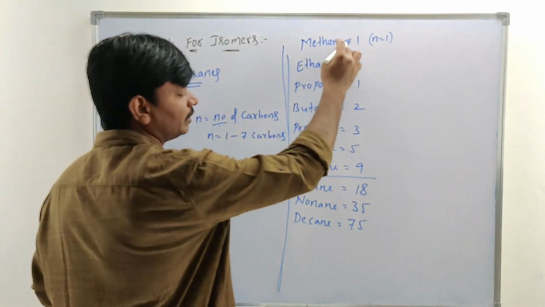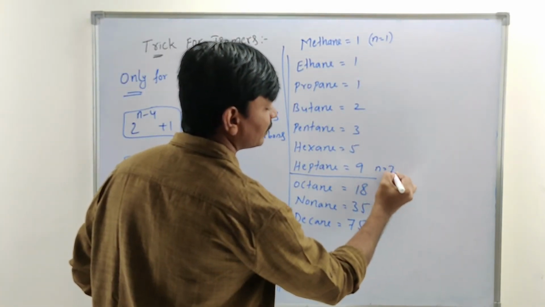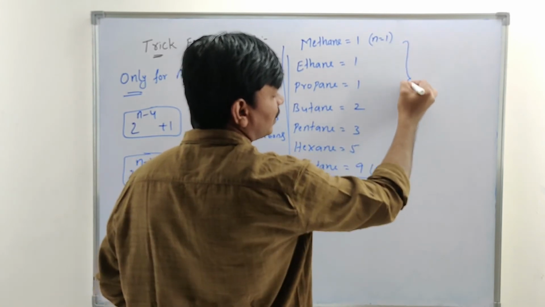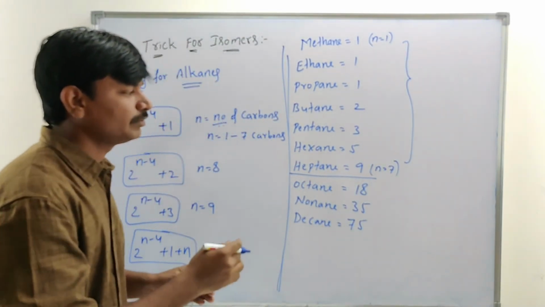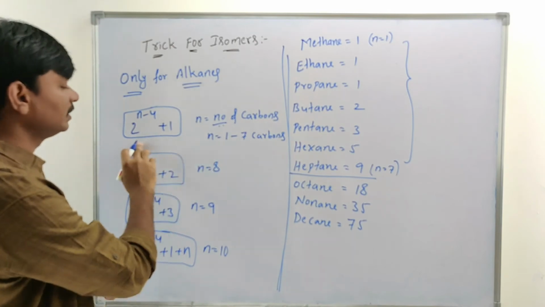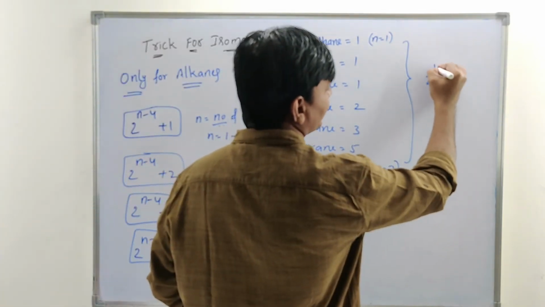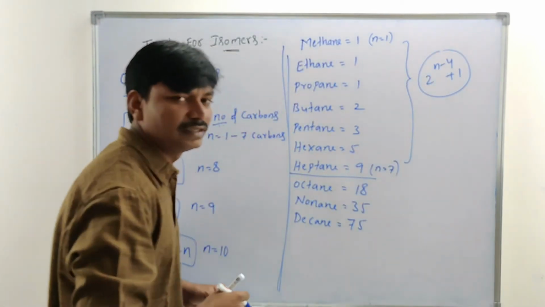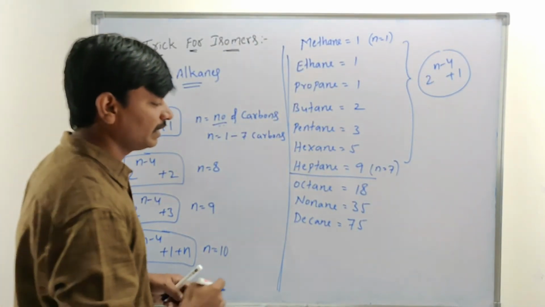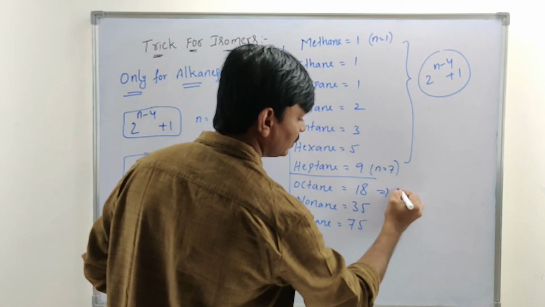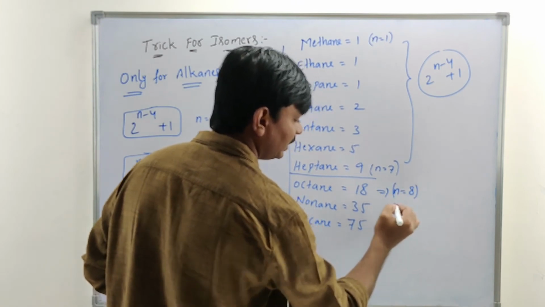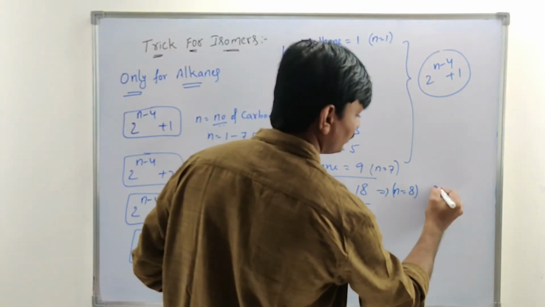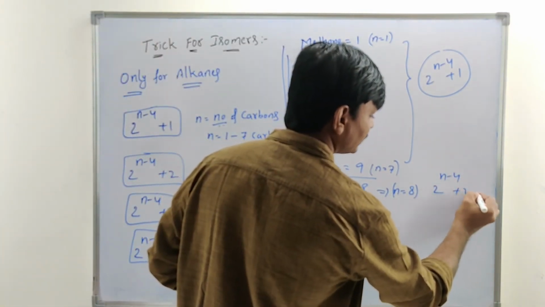That is n equal to 1 to n equal to 7. The general formula for these is 2 power of n minus 4 plus 1. That is the total number of isomers general formula. Here n equals 8: the number of isomers formula will be 2 power of n minus 4 plus 2.